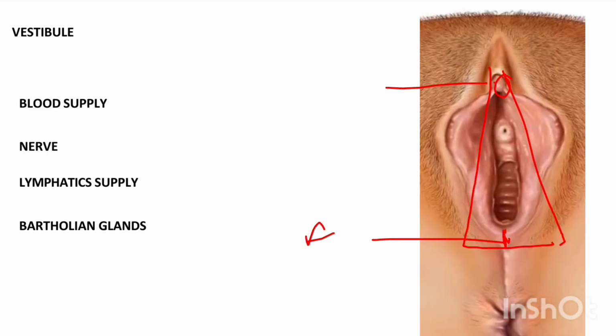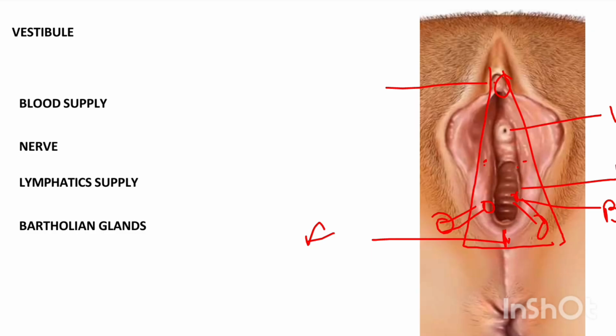First is the urethral opening. This is the vagina. There is a special kind of gland which opens into the vagina, called Bartholin gland duct, or duct of Bartholin gland. There are also Skene glands, present anteriorly and laterally on both sides of the vagina. Duct of Skene glands, urethral opening, vaginal opening, duct of Bartholin gland, duct of Skene gland: these are four structures opening into the vestibule.